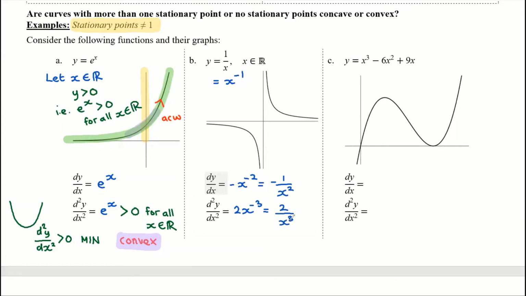Now then, when is this positive or negative? Well, this is difficult to say, isn't it? Now, if you look at the diagram, we've got two branches for this graph. So looking at the diagram, we'll start with the diagram first this time.